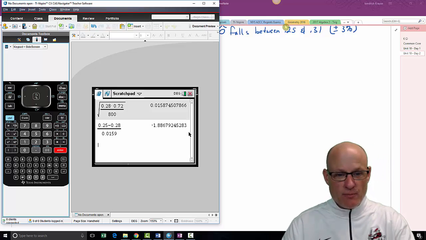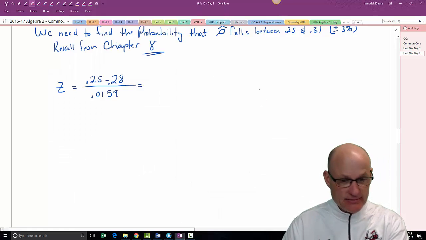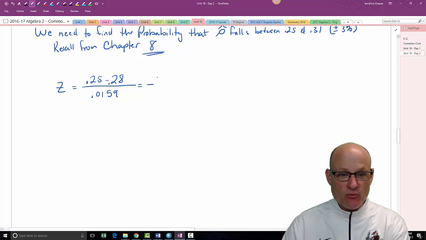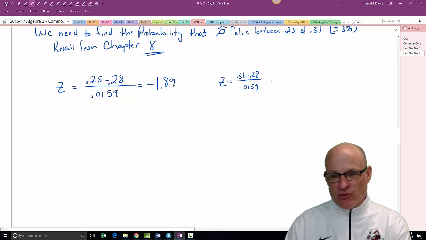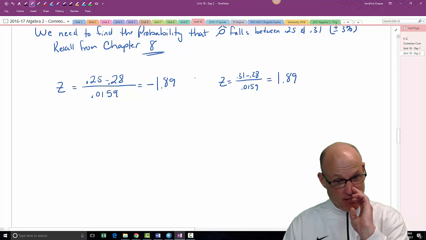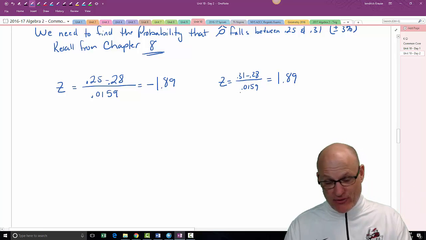Z-score of negative 1.89. Now I got to create my other z-score. 0.31 minus 0.28 all over 0.0159. And it should come as no surprise that this is going to be 1.89, because if that's 0.03 up, that's 0.03 down, it's going to go the same standard deviations.